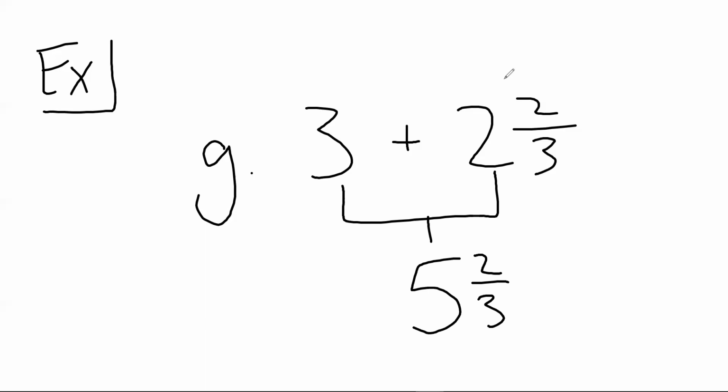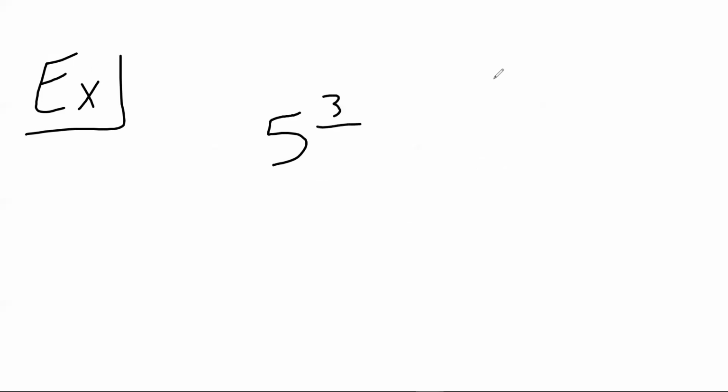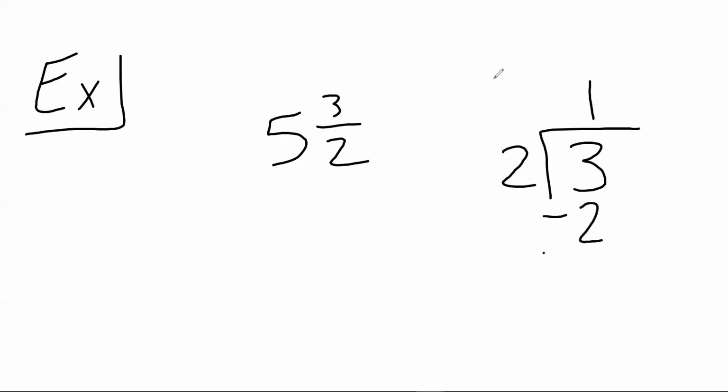Yeah, Grace? What about if, let's say, you know how you did G? And it's 5 and 2/3. What if it's like 5 and 3/2? What would you want to simplify? 5 and then 3/2? Yes, I would want you to simplify. So how would you write this? This is the one Brady was doing. So Brady, how would I do this? So take 3 divided by 2. Remainder of 1.